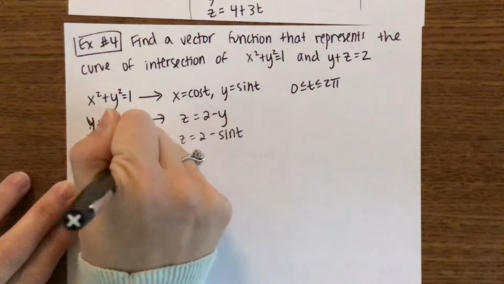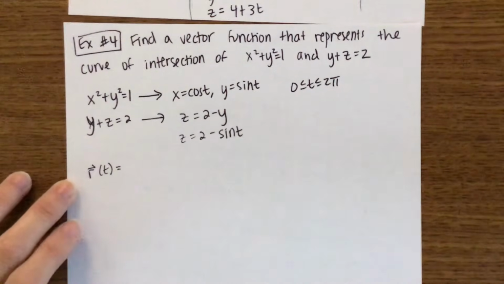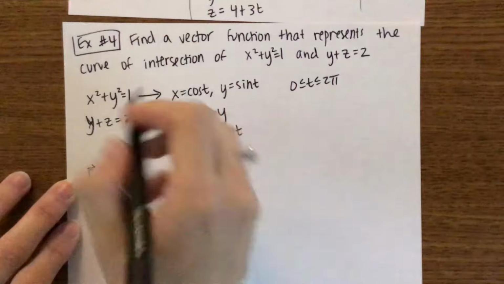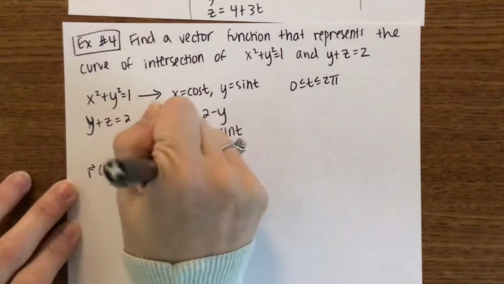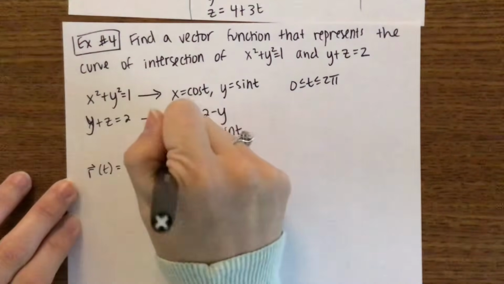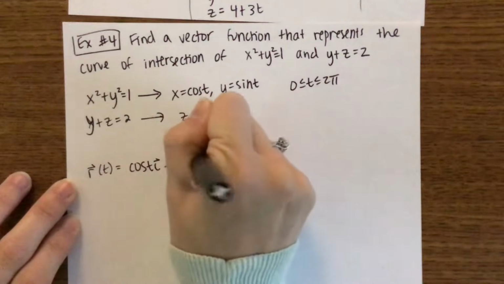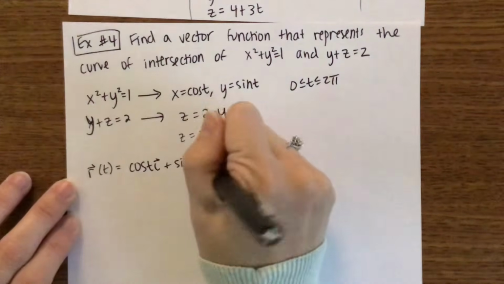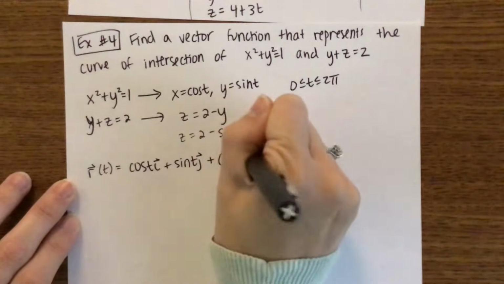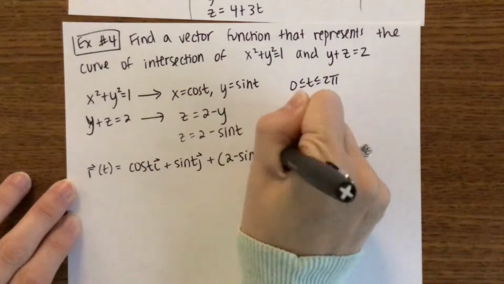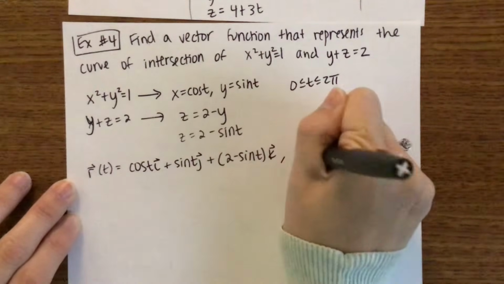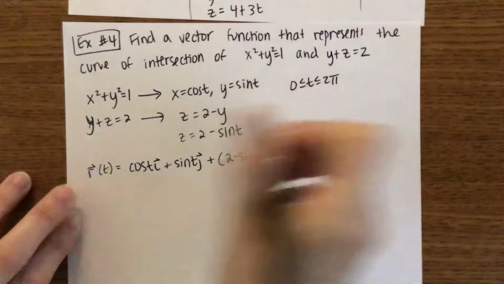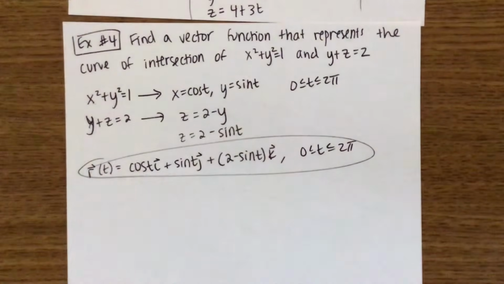So our curve then, we want to write it as a vector valued function. X is cosine of t, so we get cosine of t i, add sine of t j, add 2 subtract sine of t k, okay, with t being between 0 and 2 pi. So that's the equation of the intersection of those two figures.